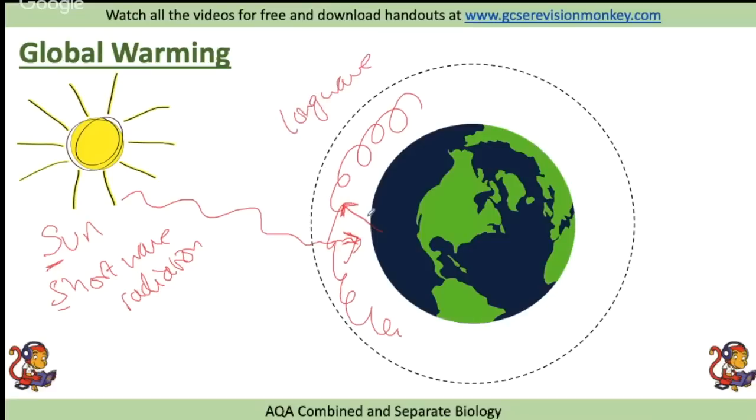But the trouble is, the long-wave radiation finds it very difficult to get through this layer of greenhouse gases. So it's reflected back down to the Earth, and that's what causes it to warm up. And the consequences of that you should be aware of from the news, things like flooding and extreme weather and hurricanes and things like that.